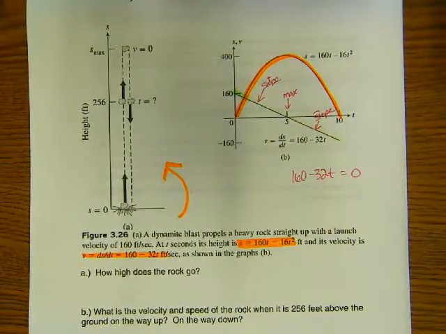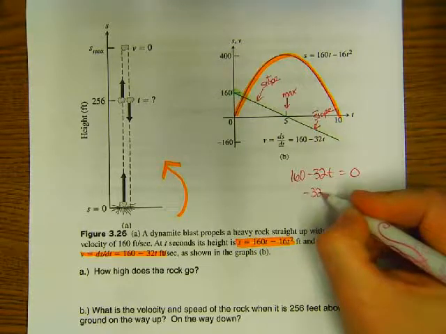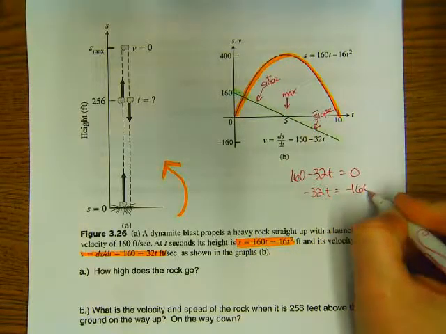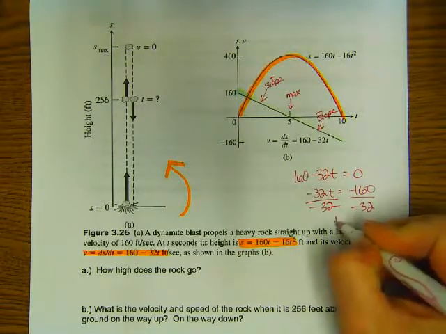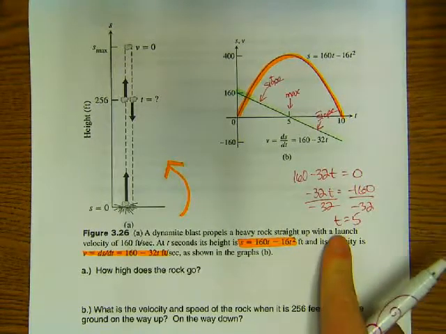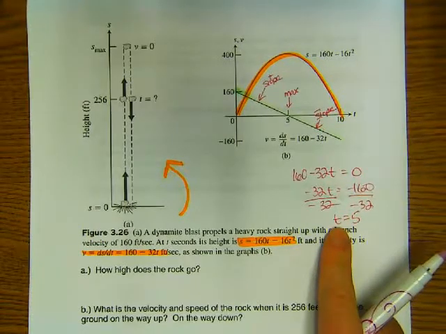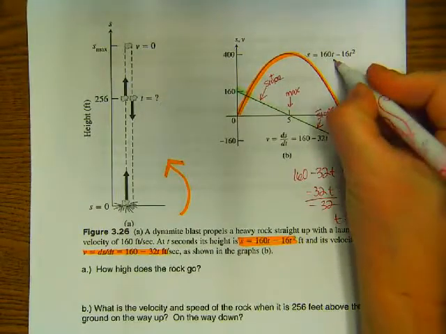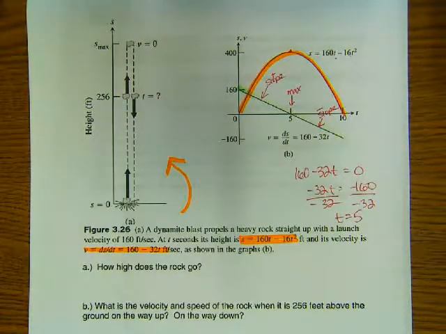And then I divide by negative 32, and I get 5. At time equals 5 is when the velocity is 0. If I would put t equals 5 into this equation, it looks like the maximum is 400, correct? So for how high does the rock go, it's just s of 5.